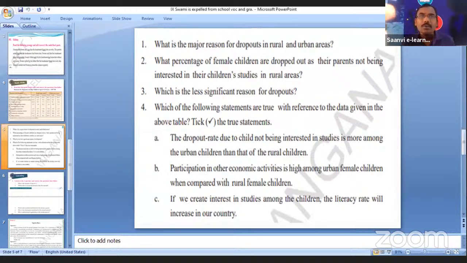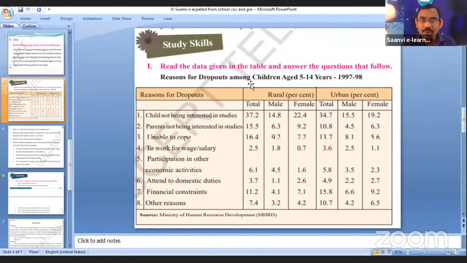Okay, here we go. What is the major reason for dropouts in rural and urban areas? So see, the first one: children are not interested in studies. Write the answer below the question.